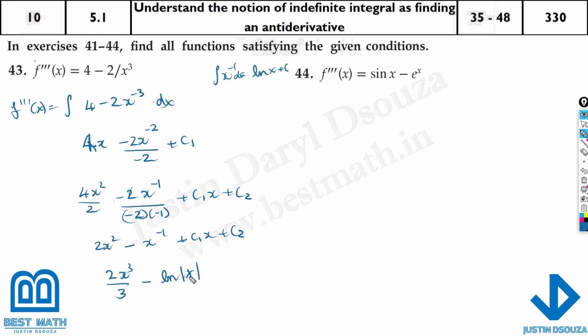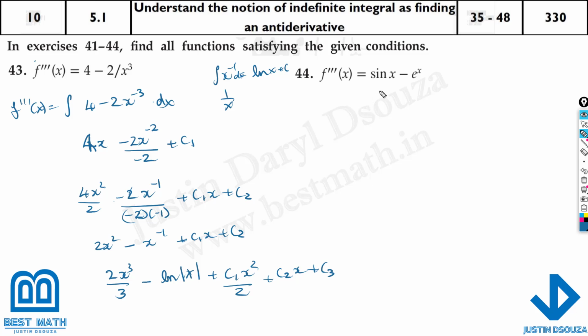Basically, x raised to minus 1 is 1 by x, and the derivative of ln x, natural logarithm x, is 1 by x, so it's the inverse of those, right? And then over here we have x squared by 2 plus c2x plus c3. So this is the final answer.